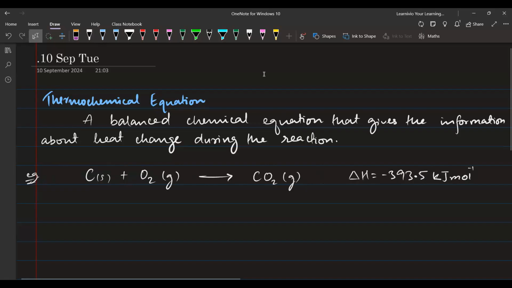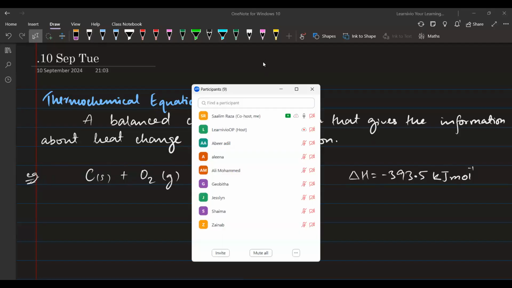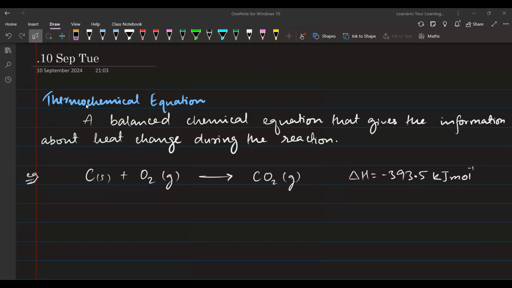Now looking at the sign of enthalpy, please I need your mics on now. ठीक है, please जवाब दीजिएगा. What is the sign of delta H? Positive or negative? Negative.